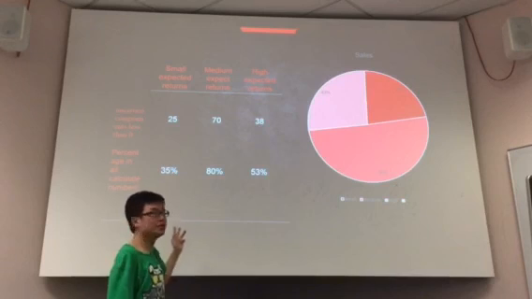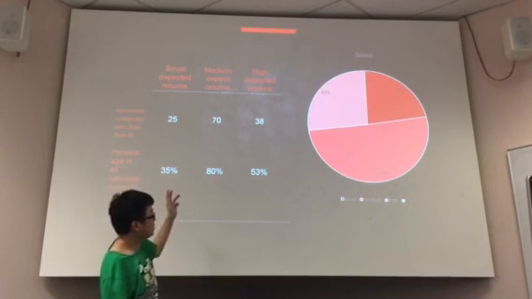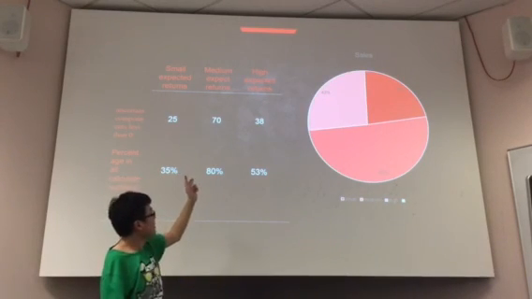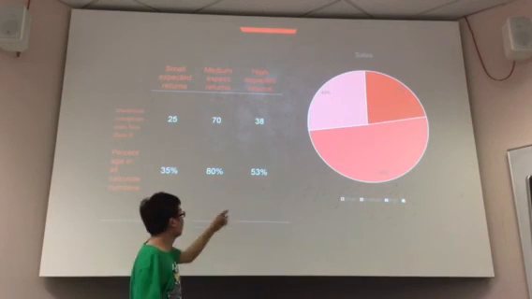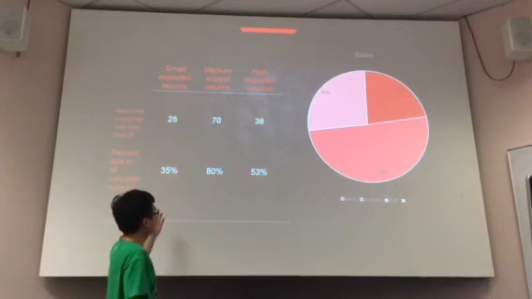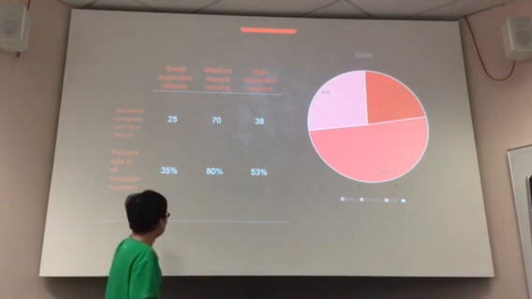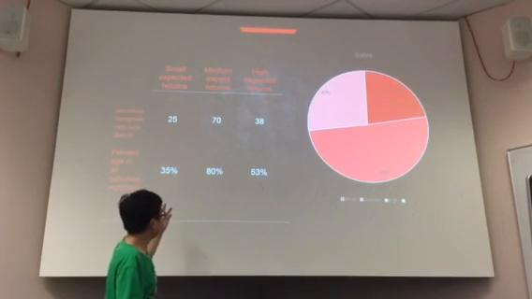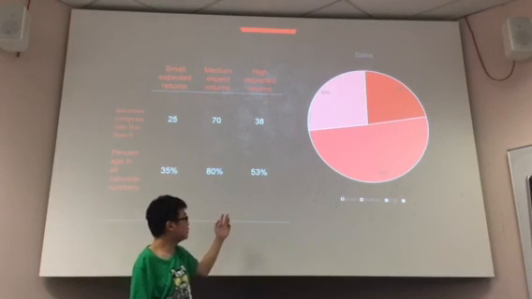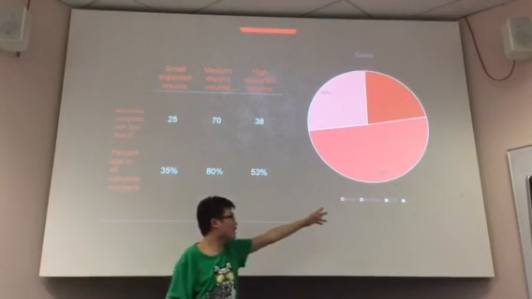The counts are respectively 25, 70, and 38. The percentages out of the 72 calculations are respectively 35%, 80%, and 53%. The following is a pair chart.